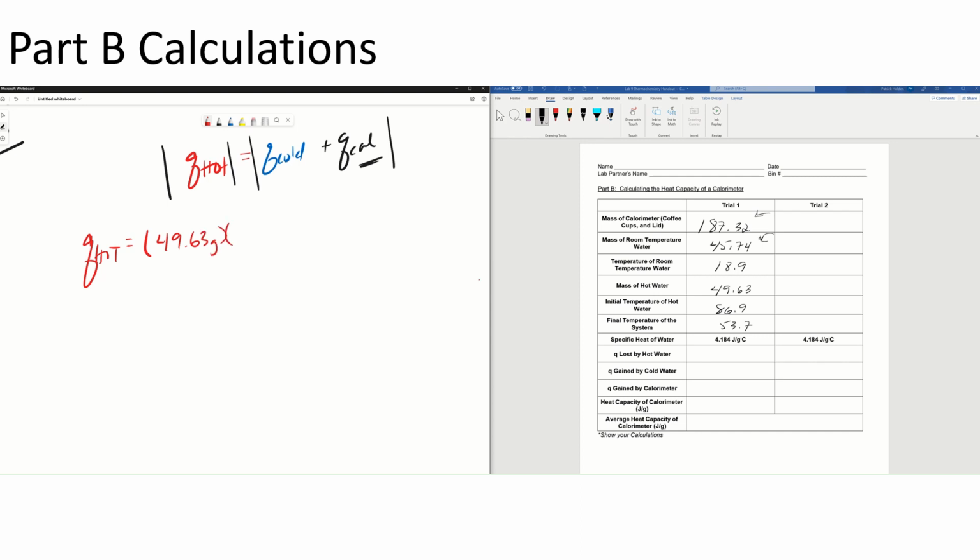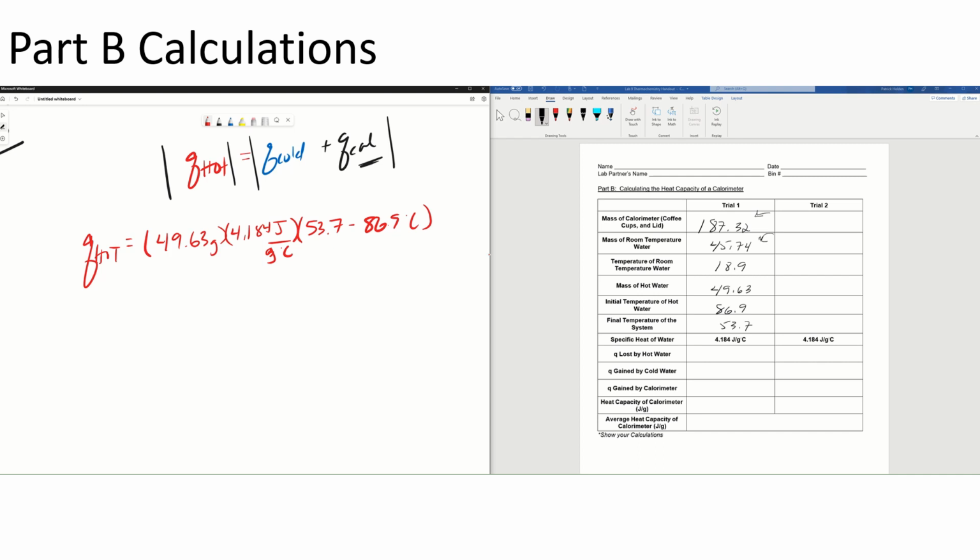The specific heat of water is 4.184 joules per gram degree Celsius. And then the change in temperature is going to be the final temperature of the system minus the initial temperature of the hot water. So the key here is to make sure you're using the values associated with the hot water for the Q of the hot.